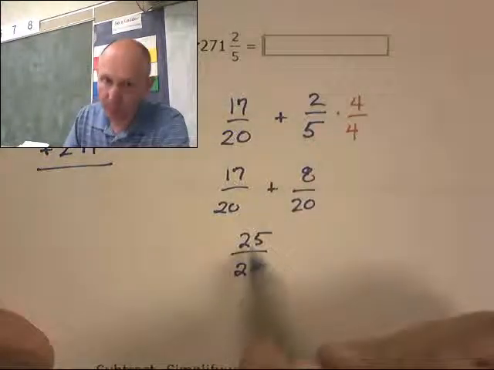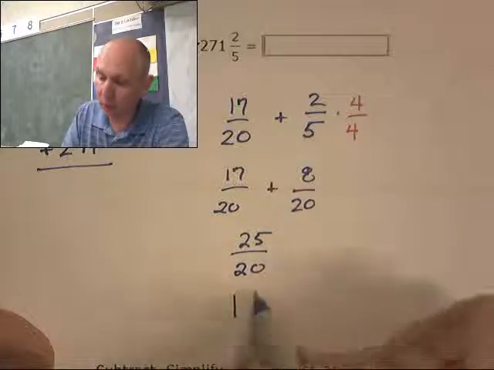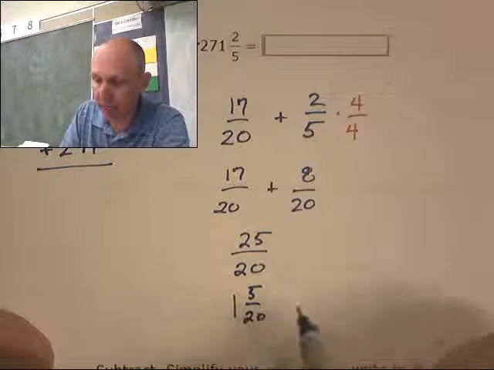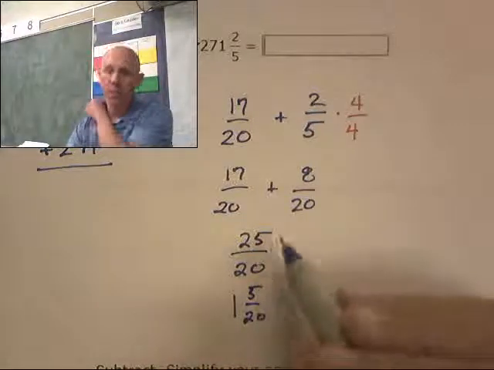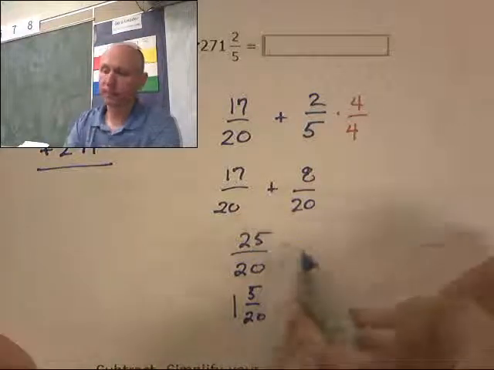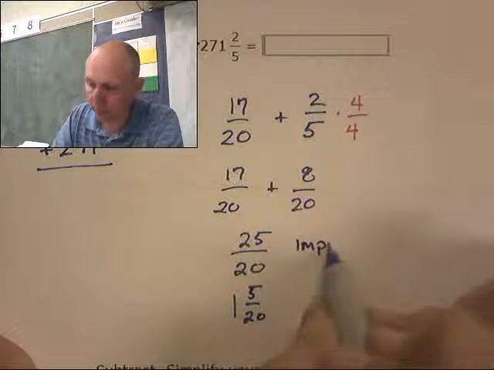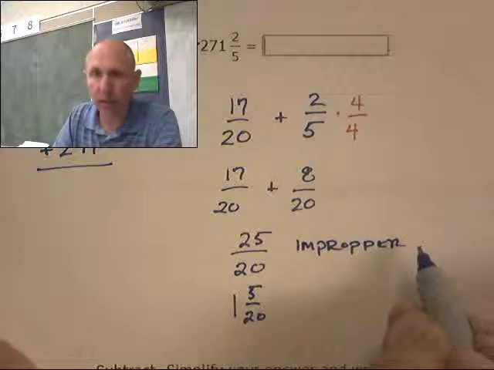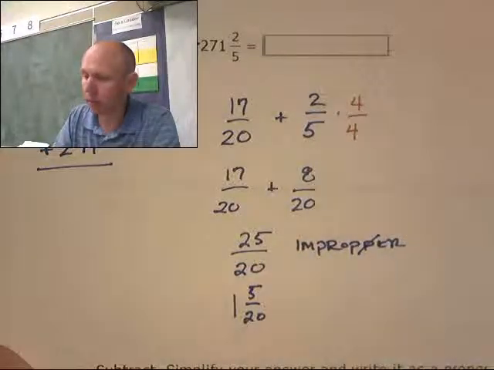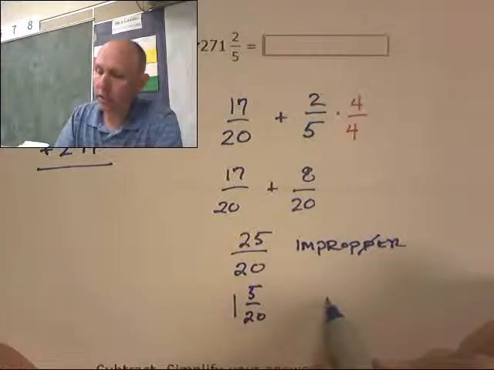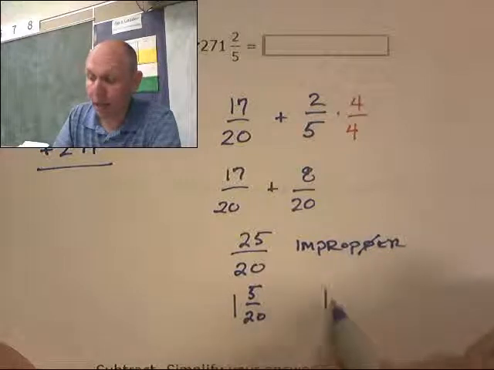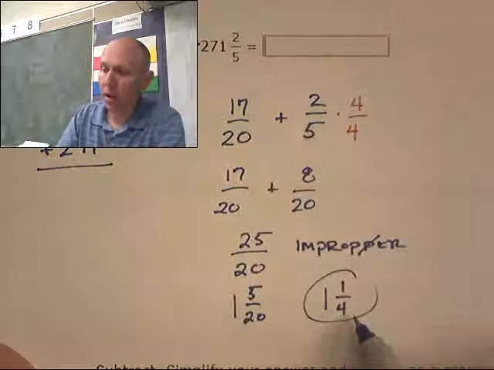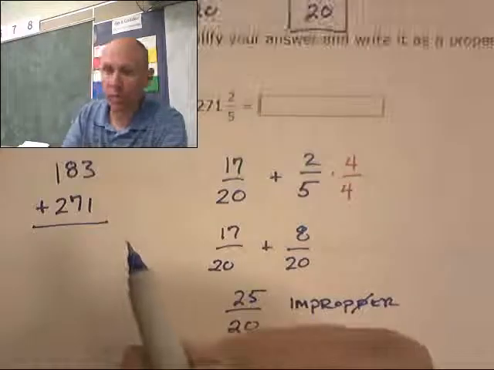which becomes 20 goes into 25 one time, so it's 1 and 5/20 written as a mixed number. It was an improper fraction. I think there are too many P's there. So that takes it to a 1, and now I'm going to reduce that down to a 1 and 1/4. Okay, so all this fraction stuff becomes a 1 and 1/4.